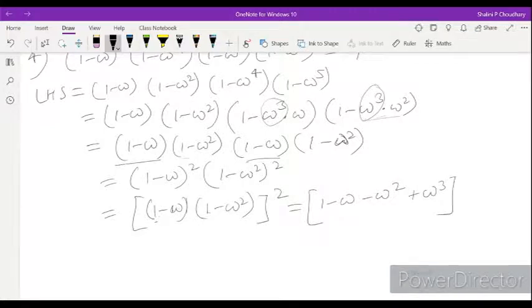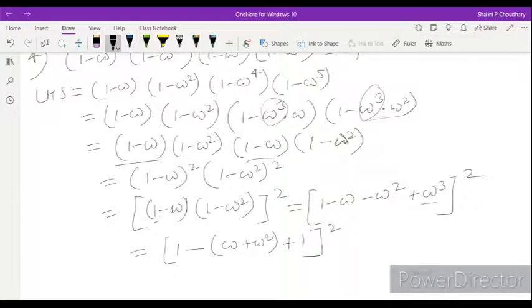So it will be equal to [1 − (ω + ω²) + ω³] squared, with ω³ equal to 1.